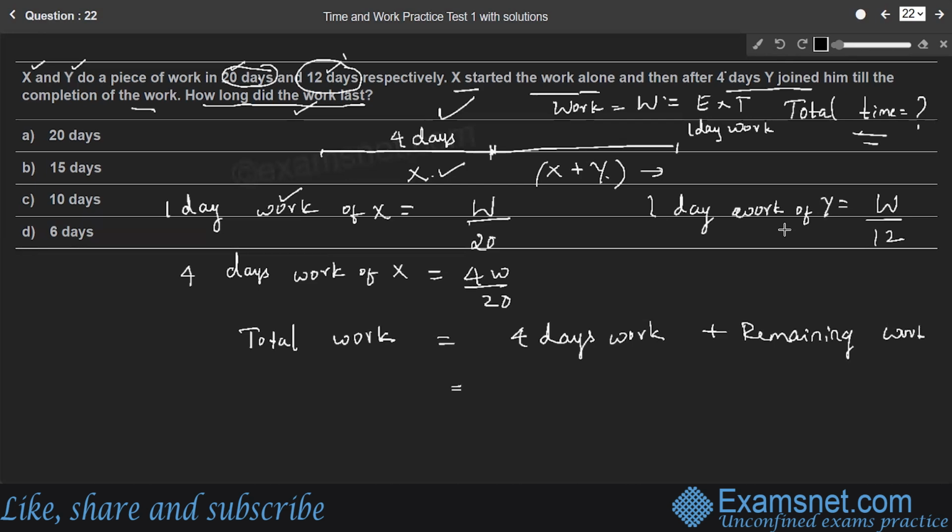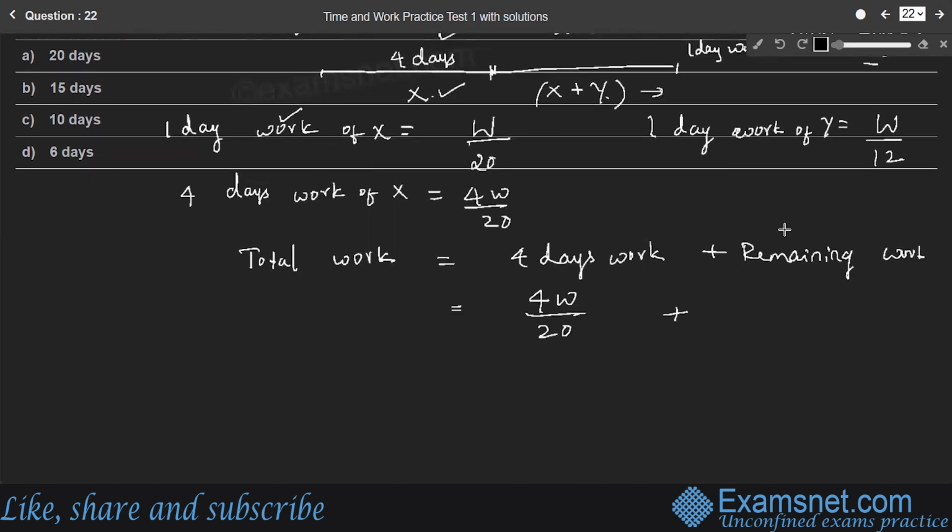First 4 days work is nothing but 4W by 20, which is done by X alone, plus the remaining work, which has been done by X plus Y. Since work is efficiency into time, X plus Y is their capacity into time taken by them, X plus Y into T. What is X plus Y?